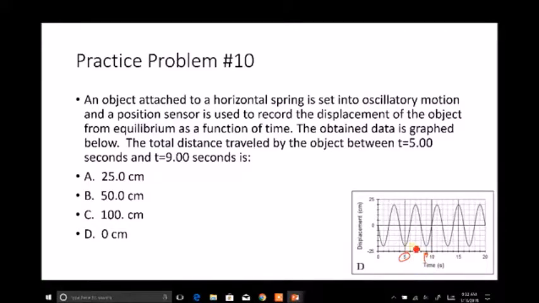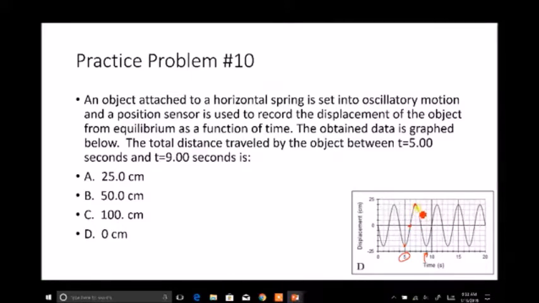So notice between 5 seconds and 6 seconds, the object travels 25 centimeters. Between 6 seconds and 7 seconds, it travels an additional 25.